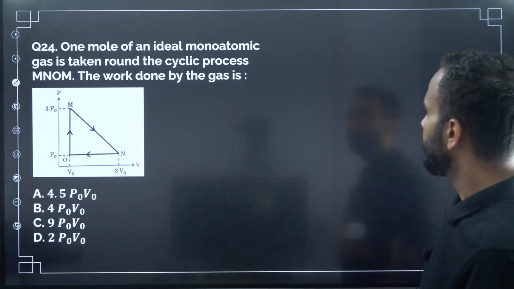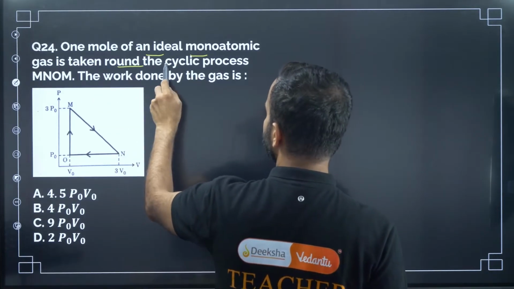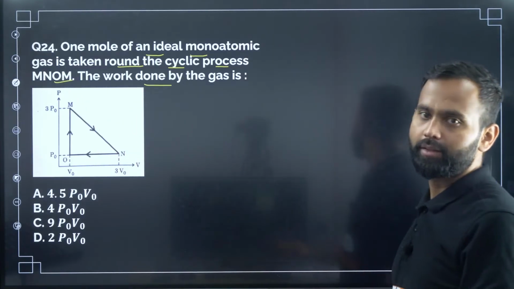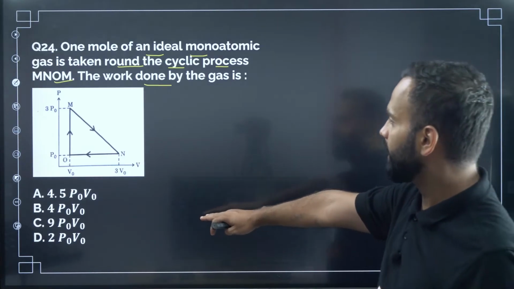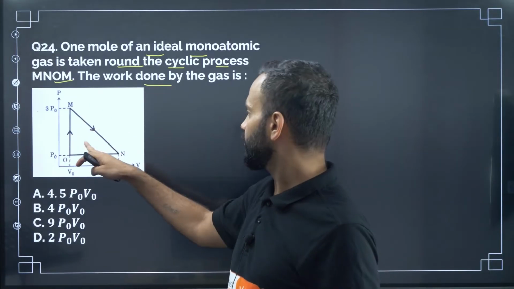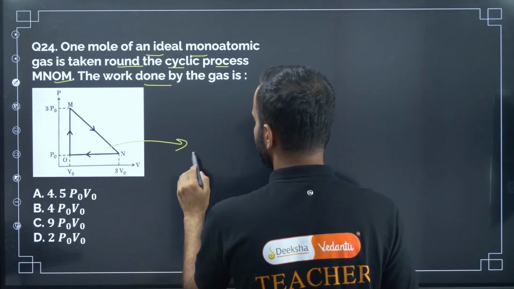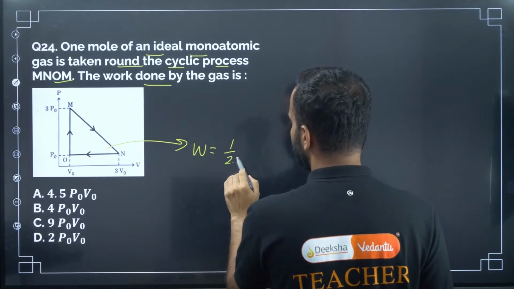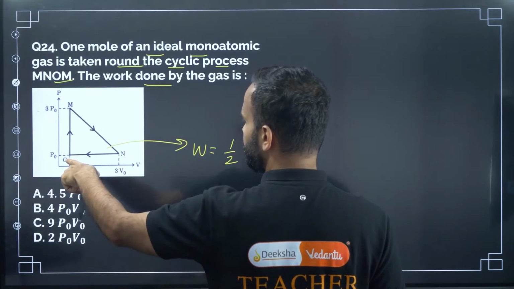Next one, question number 24. 1 mole of an ideal monoatomic gas is taken round the cyclic process MNOM. The work done by the gas is the direct question. Work done by the gas is the area of this triangle, that will be half into final volume minus initial volume.